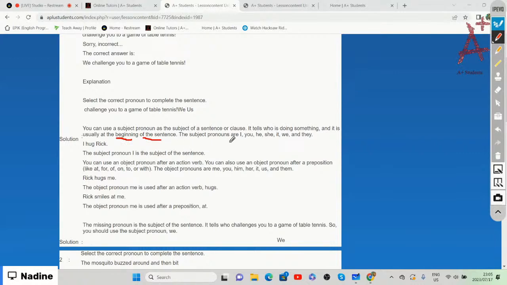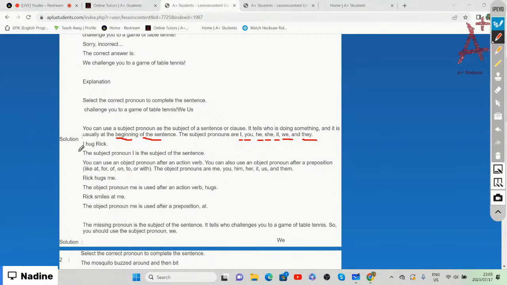And subject pronouns are, like I mentioned, I, you, he, she, it, we, and they. So usually it will be at the beginning of a sentence followed by a verb, right? And then did something, for example. So you followed by a verb. So the subject does the action, right?